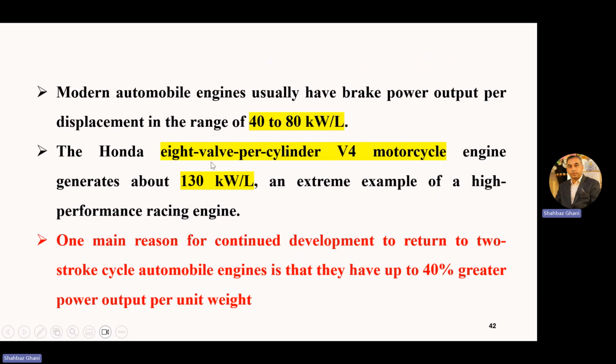The Honda 8-valves-per-cylinder V4 motorcycle engine generates about 130 kilowatts per liter, an extreme example of a high-performance racing engine. One main reason for continued development to return to the two-stroke cycle automobile engine is that they have up to 40% greater power output per unit weight. So this trend is like this.